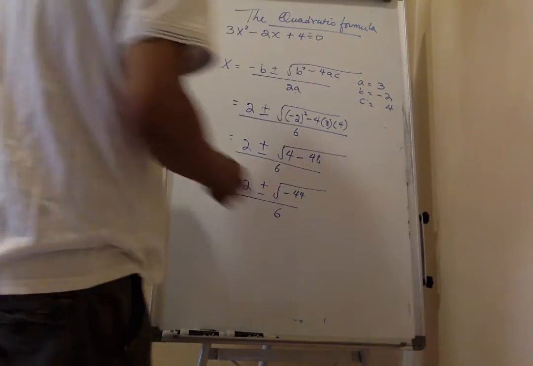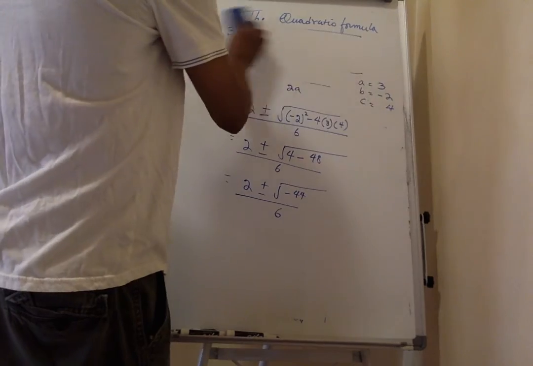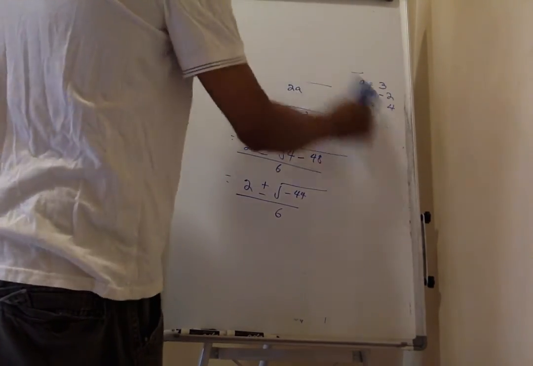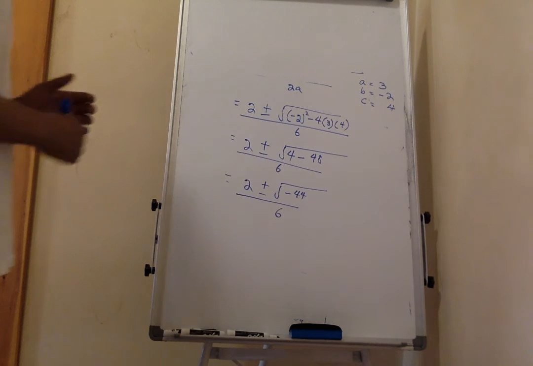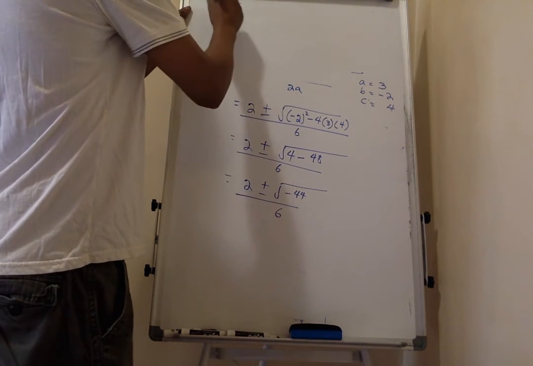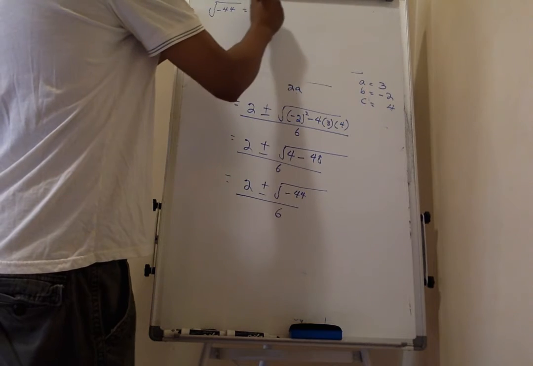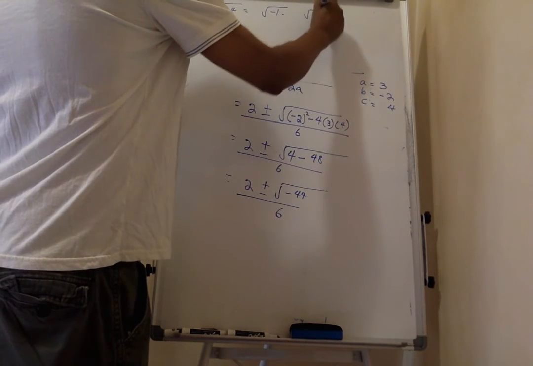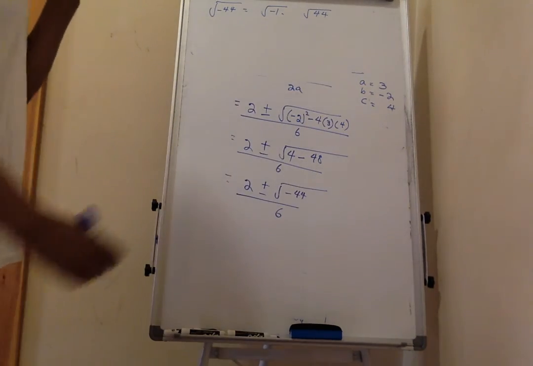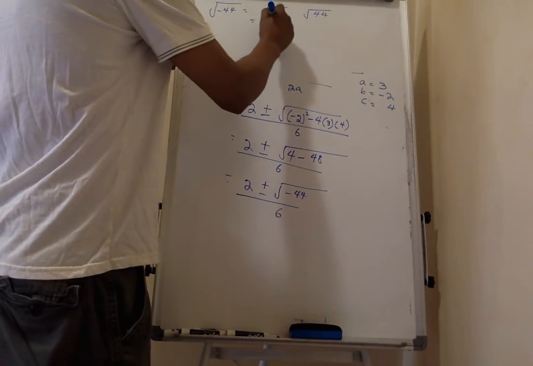Okay, so let's go ahead and simplify the square root of negative 44. As you know, the square root of negative 44 is the same as the square root of negative 1 times the square root of 44. Right? And the square root of negative 1 is i.